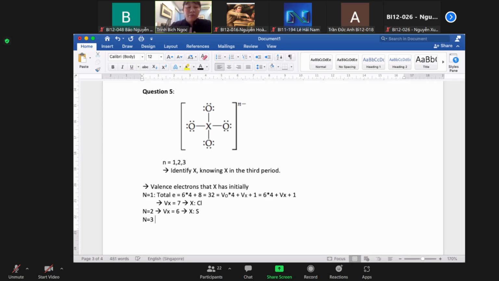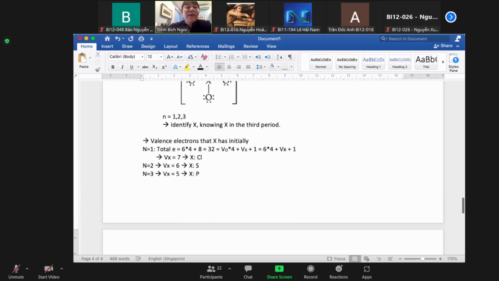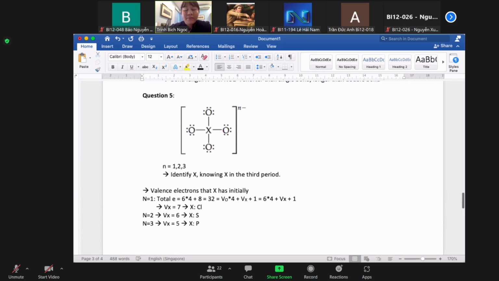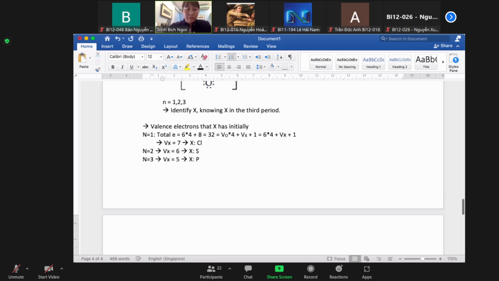N equal to 3. This will be 5, and it is phosphorus, P. Easy or not? Quite easy. Okay, so we pass by B. You need to calculate.